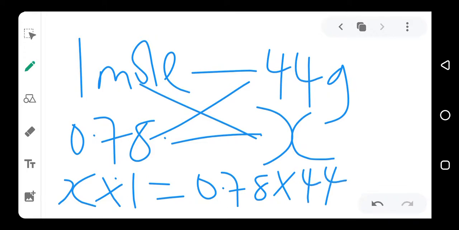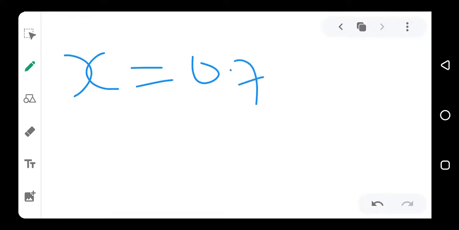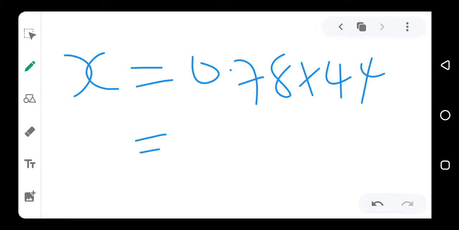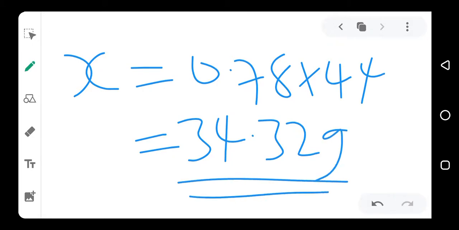And so we have that x is equal to 0.78 times 44, which is 34.32 gram. This is the answer.